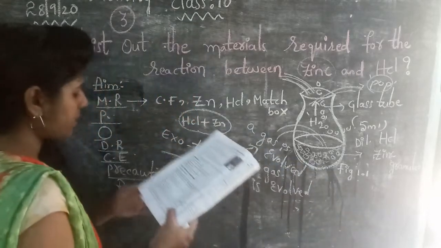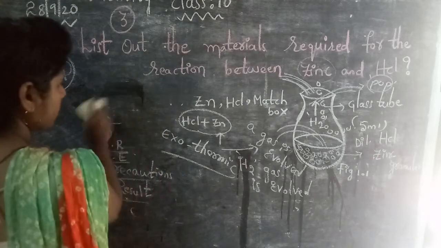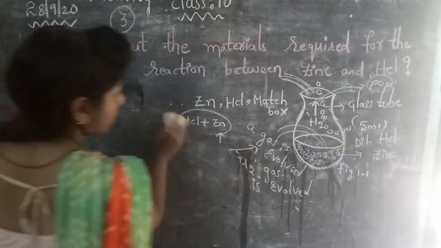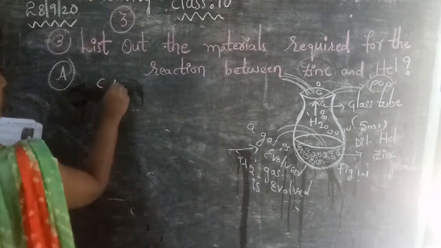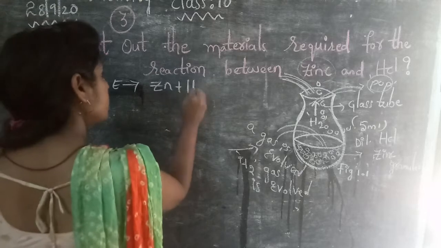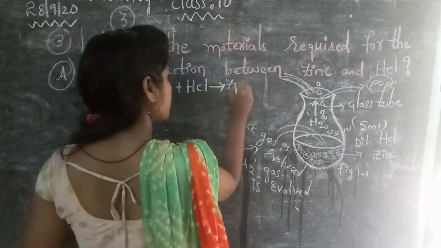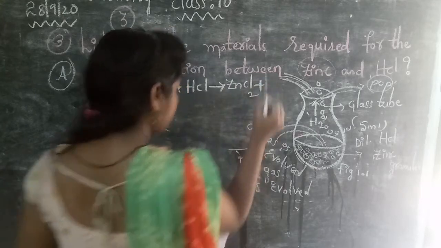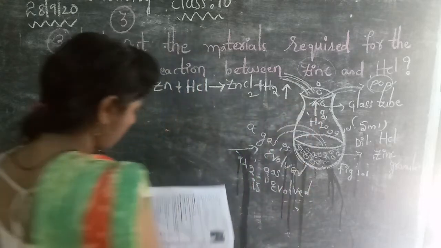Chemical equation is zinc plus hydrochloric acid gives rise to zinc chloride plus hydrogen gas. Okay, is it clear?